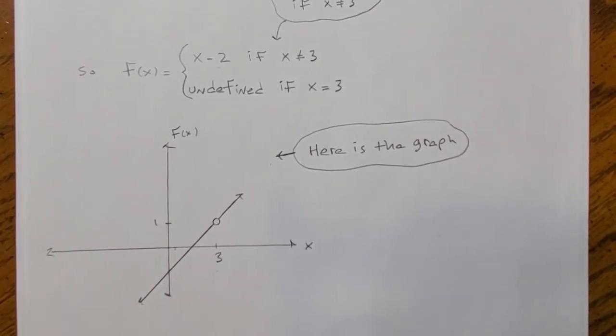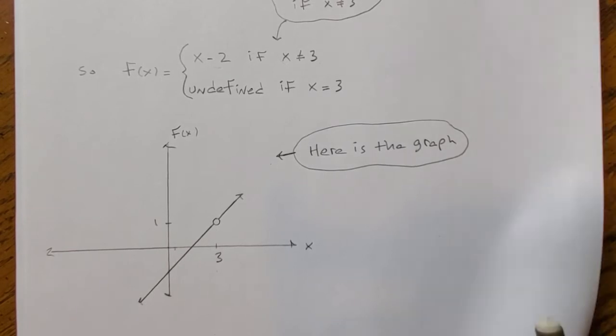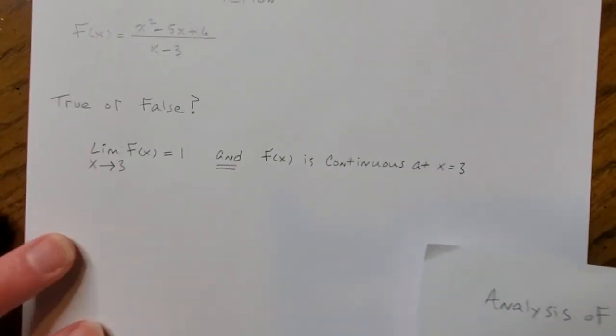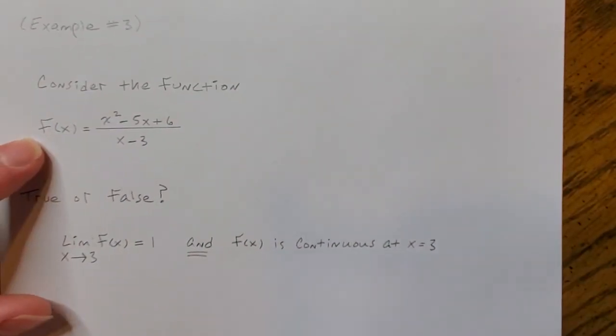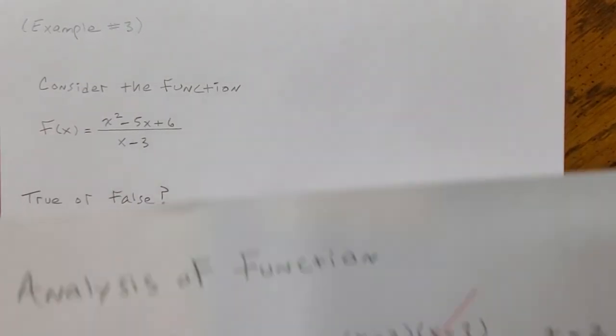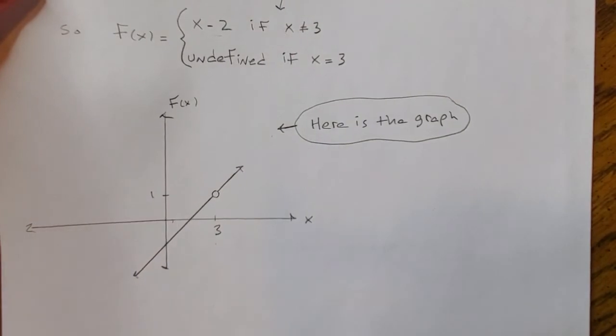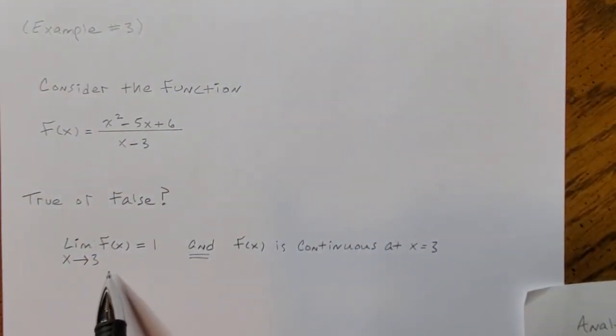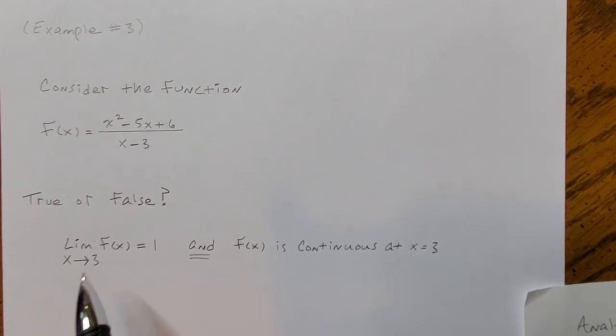Let's go back to that question. Okay, so remember I just showed you what this essentially is. This function that we started with, that this question refers to, is essentially that picture right there. Okay, is it true that the limit as x goes to 3 for f of x is 1? True or false? That is actually true.